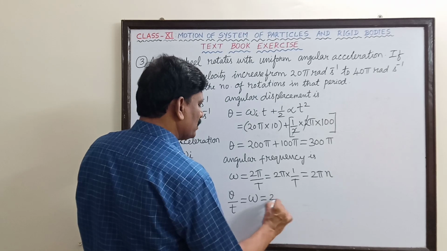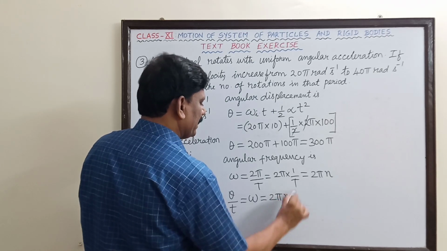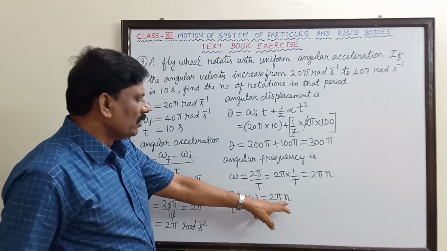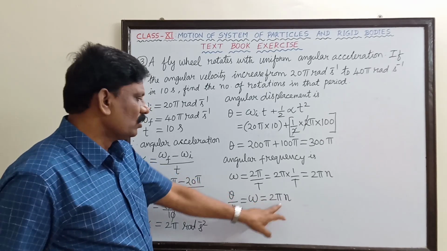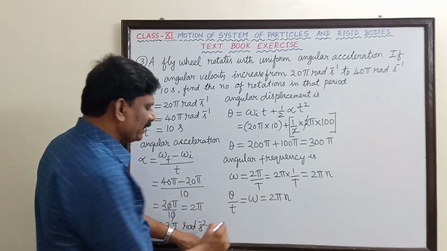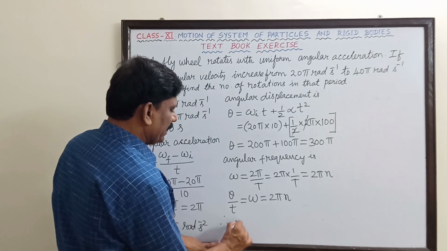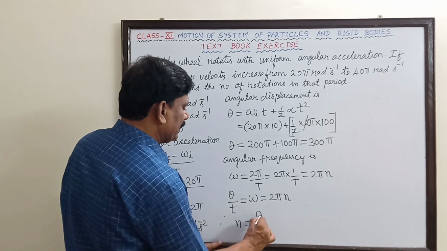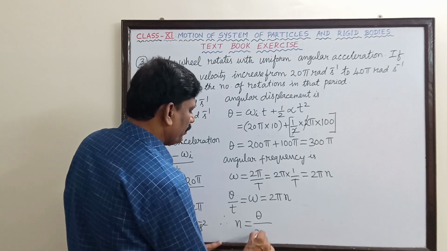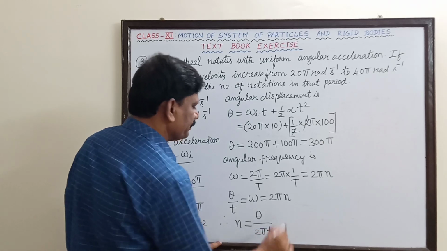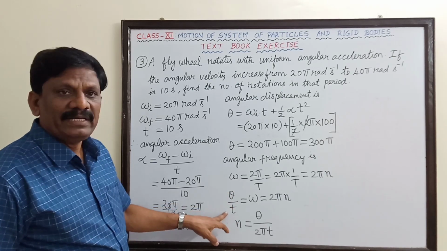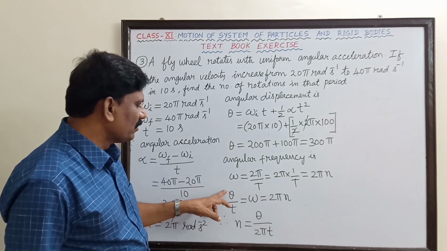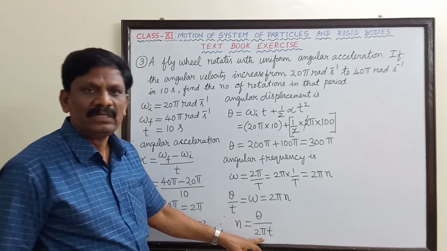So we are going to find out the value of n. So 2 pi n is equal to theta by t. I have equated. Therefore n is equal to theta divided by 2 pi into t.